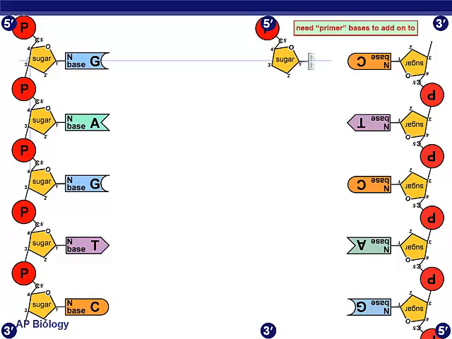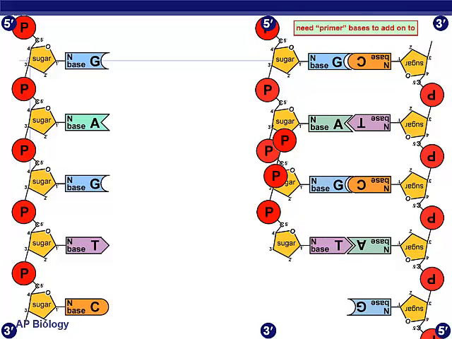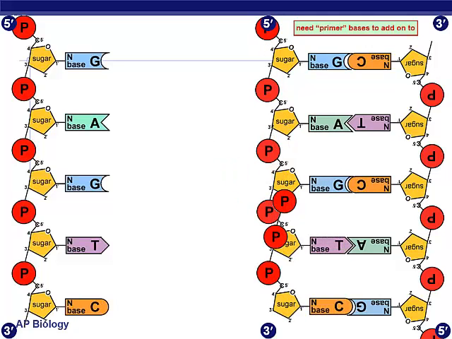So 5 prime, then phosphates break off. No problem, right guys? Okay. Now, on the other side, it's the 3 prime side that I'm going to be making right here. And I'm going to have a problem, and here's why.